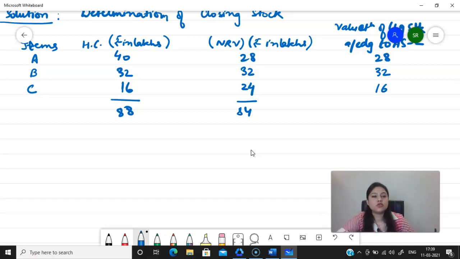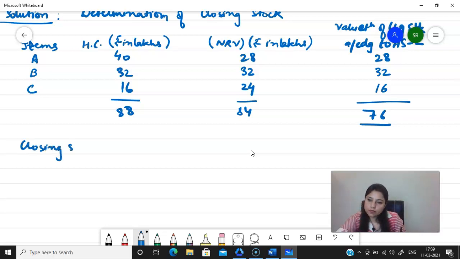Then the valuation of the closing stock, which will be shown in the books of accounts, would be 28 plus 32 plus 16, that comes out to 76 lakhs. So the closing stock as per Accounting Standard 2 would be 76 lakhs.